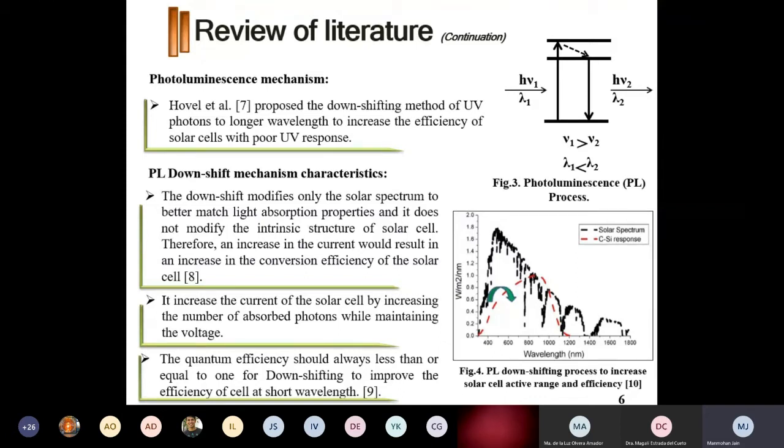If we talk about the characteristics of the PL downshift mechanism, we can see in figure number 4 that the downshift method only modifies the solar spectrum to better match light absorption properties, and it does not modify the intrinsic structure of the solar cell. So it only increases the current of the solar cell, while the voltage remains constant. In this way, the quantum efficiency should always be less than or equal to 1 for the downshift method.